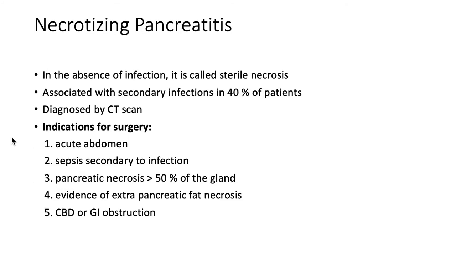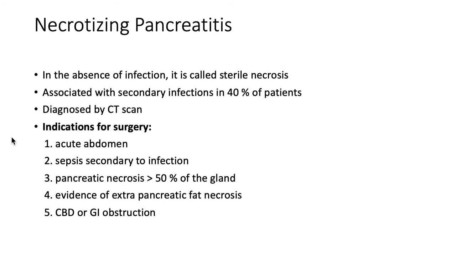Necrotizing pancreatitis could also happen in the absence of infection, which is called sterile necrosis, and it's associated with secondary infections, as we said. Usually the mainstay of treatment is conservative.